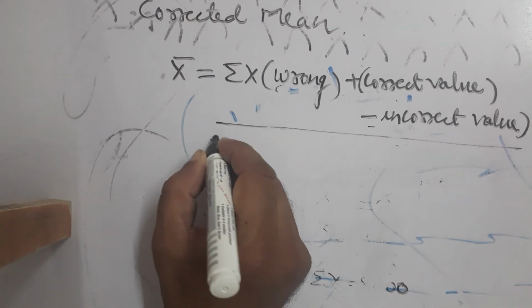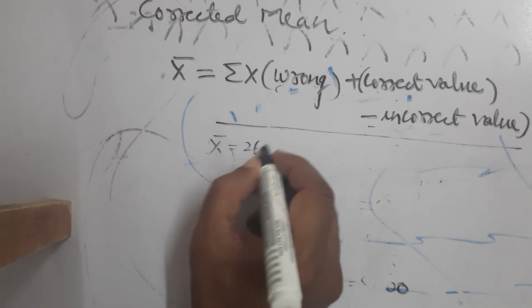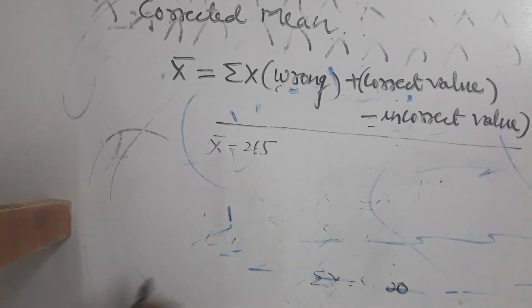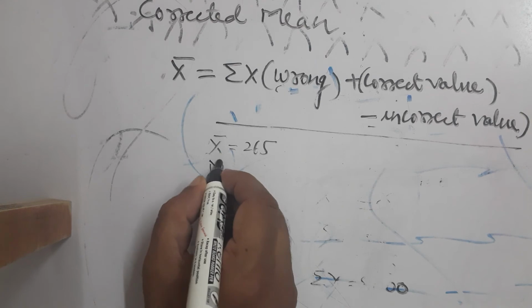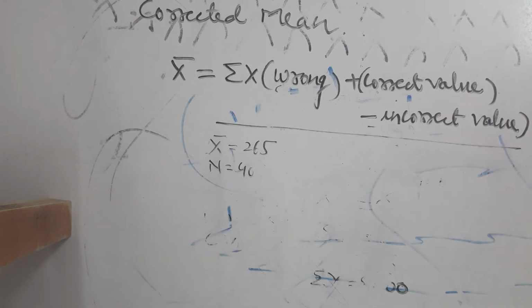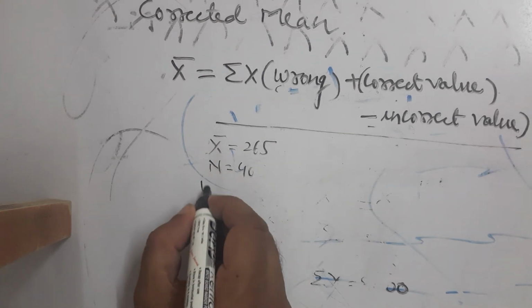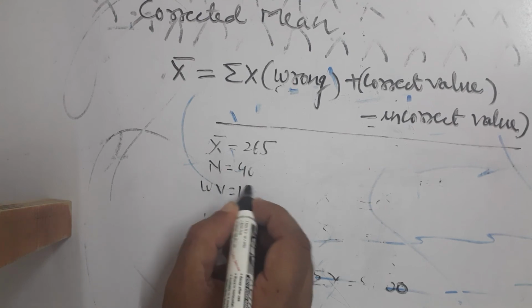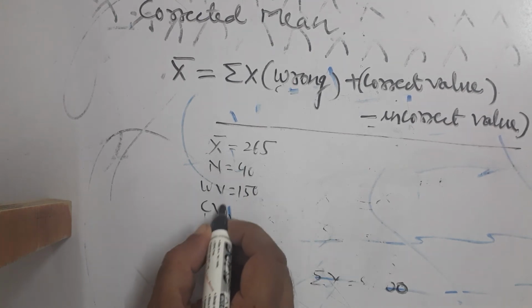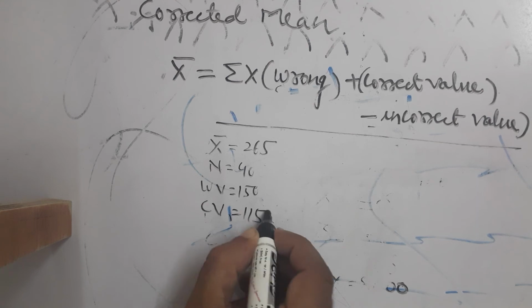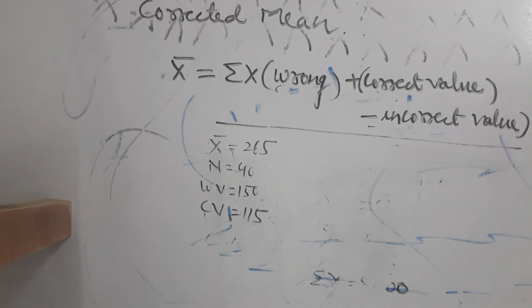So the average is 265, so x bar is 265. Of 40 students means n equal to 40. But in calculation, one value was read as 150 instead of 115. So the wrong value is 150. The correct value is 115. We have to find the correct mean.